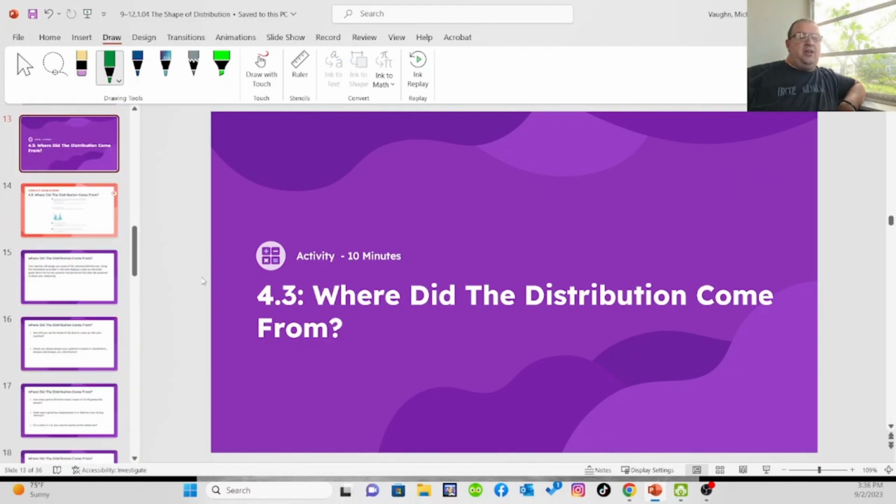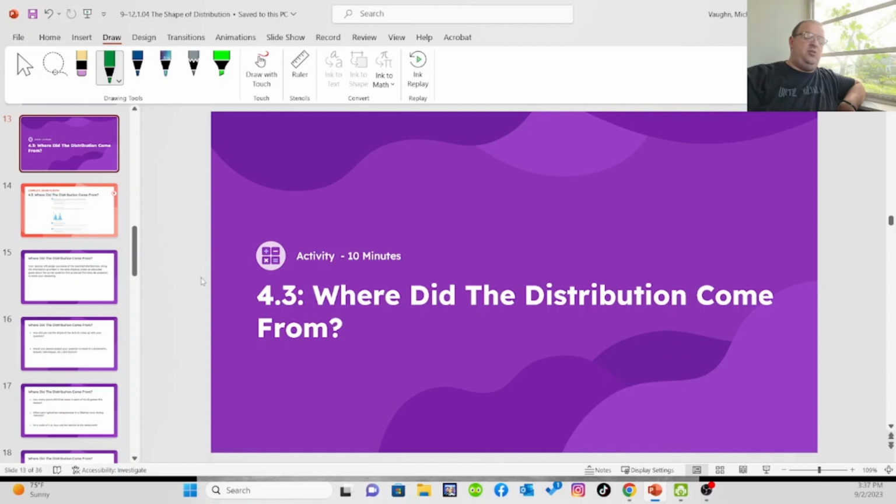Okay, our next activity should take about 10 minutes. This is 4.3, where did the distribution come from? So this activity is going back to one of our learning targets.